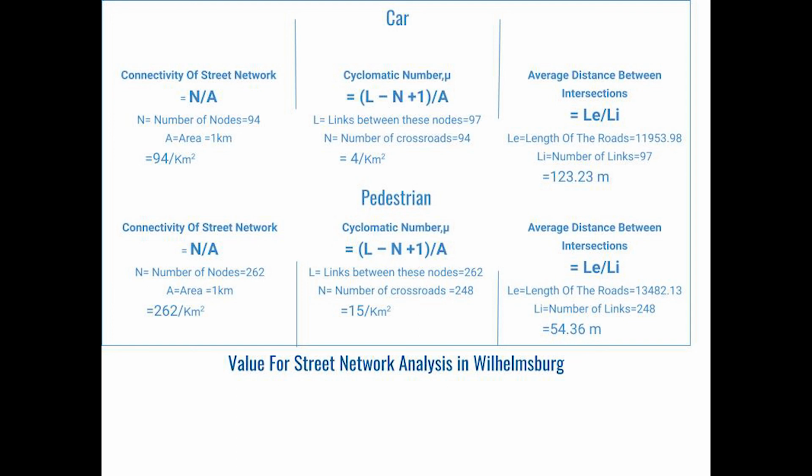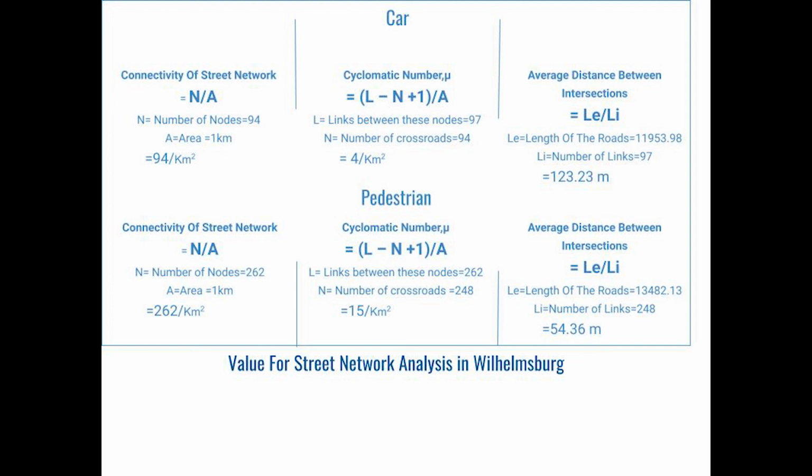And finally, the average distance between the intersections. We calculated the total length of our roads, which we found to be 11,953 meters, and we divided the whole length of the road by the total number of links.